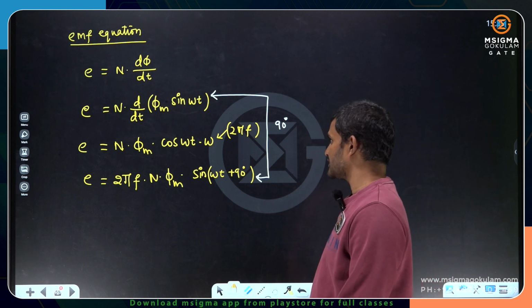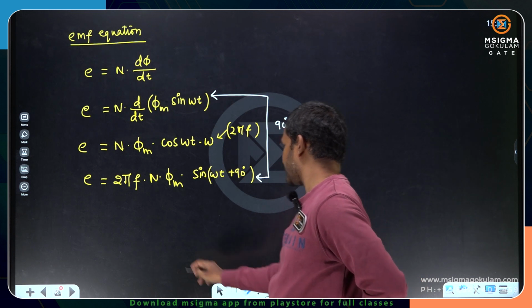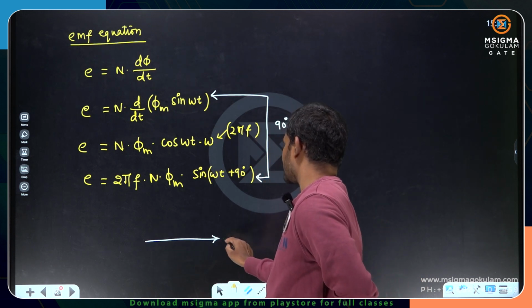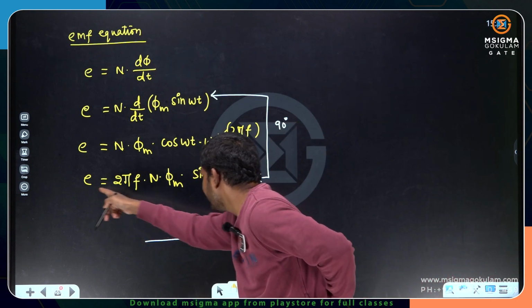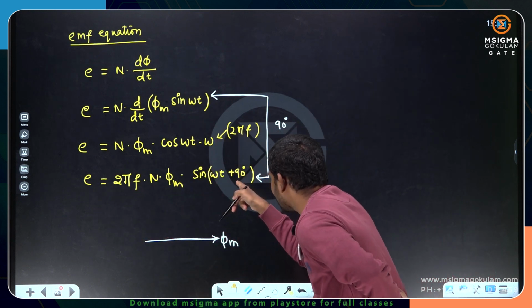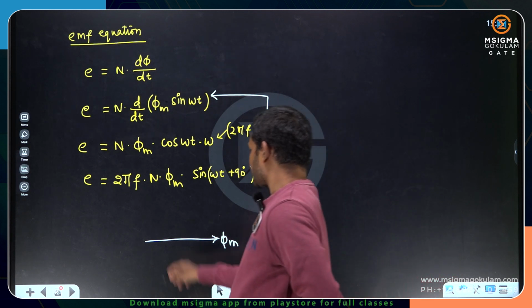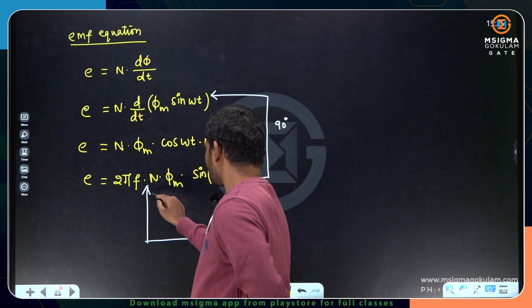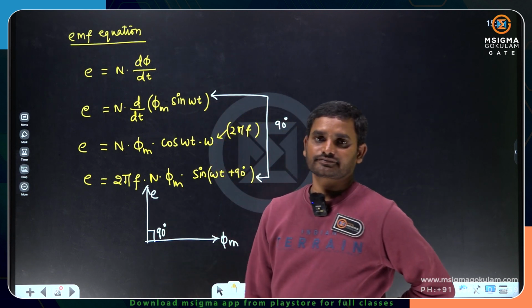How can we represent it? If I take the flux wave as reference, then where should I represent the EMF wave? The EMF wave should lead the flux wave by 90 degrees. So the EMF wave will be here, like this, 90 degrees leading.